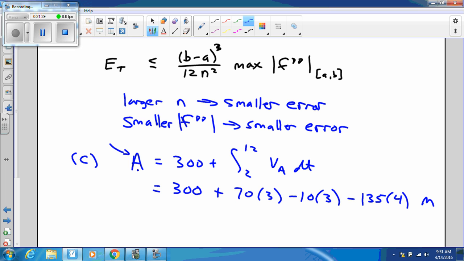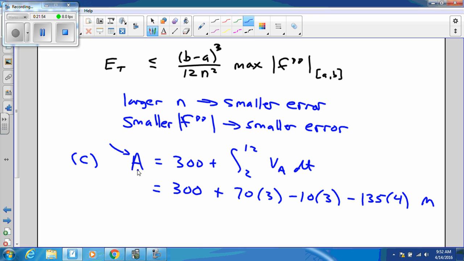I think they didn't give us a label because I'm pretty sure on the scoring, you got 1 point for the integral, and then you had to call the trapezoidal sum alone something else, and then that you said A equals 300 plus the trapezoidal sum. This would get full credit for sure. It's very clear.